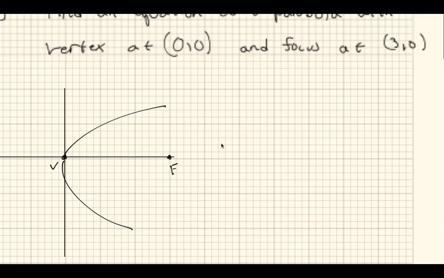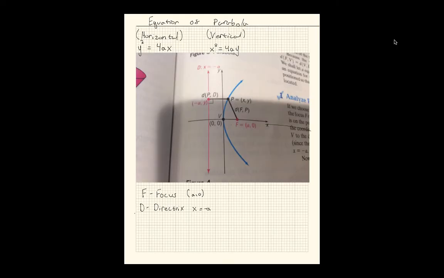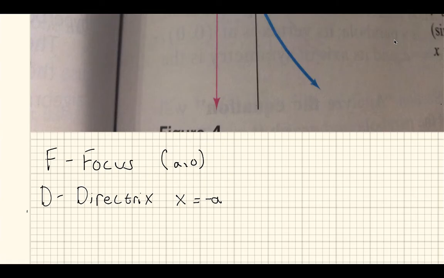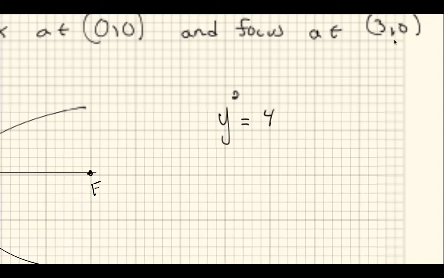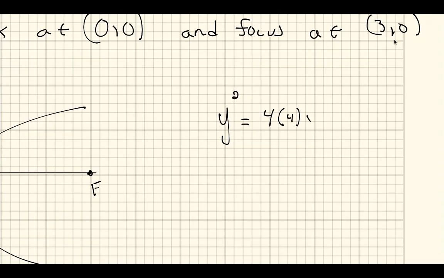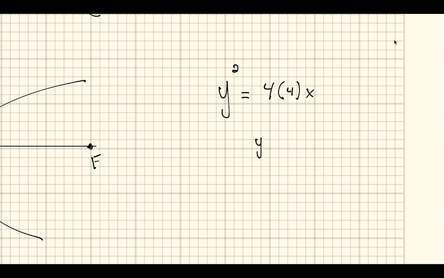So we do y squared instead of x squared. We should have y squared equals 4ax. But what is a? We get a from the focus. A is 3. If you remember this equation down here, the focus is a comma 0. That relates to these equations up here. So 4 times 4x, and y squared equals 16x.